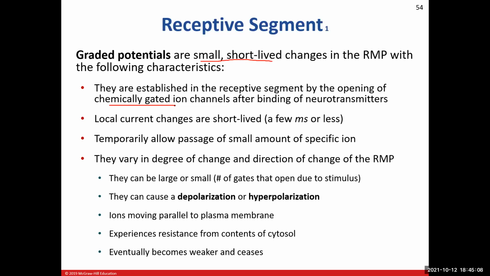And so we're now going to talk about how that presynaptic neuron's neurotransmitters are going to influence certain chemically gated ion channels to open up. And if they do, they're going to hopefully generate some sort of change in that resting membrane potential. But here's the scenario though. In the receptive segment, these changes, these graded potentials, do not last long and they're local.